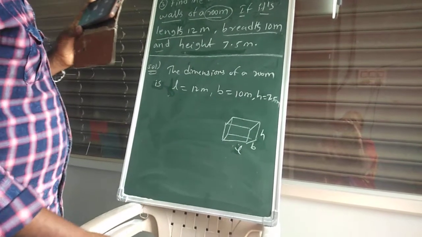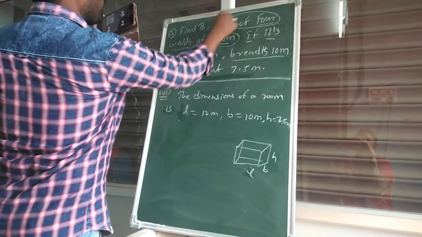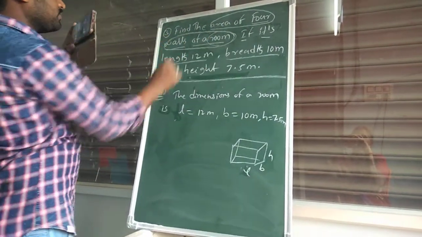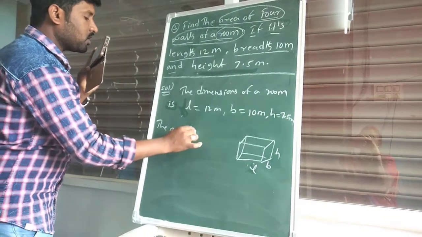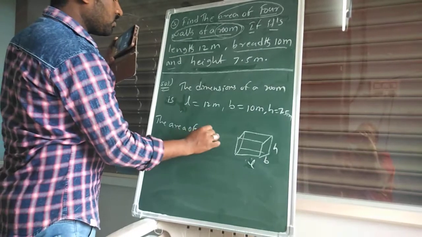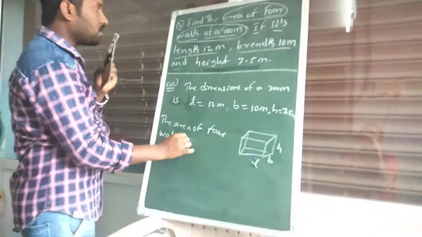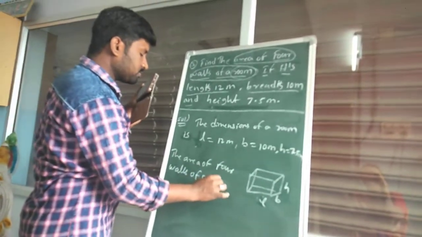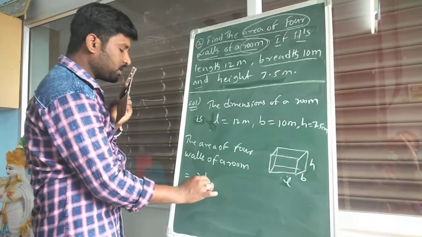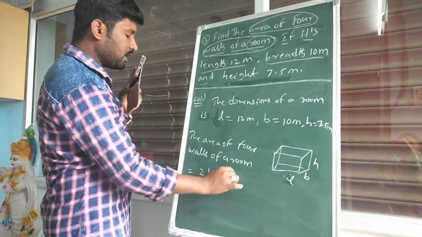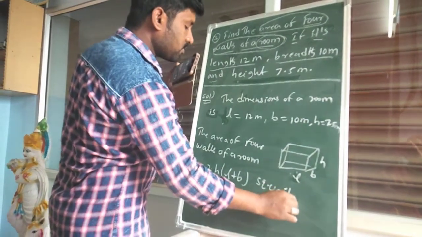Now, what is the area of 4 walls of a room? The area of 4 walls of a room is equal to 2h of L plus B square units.